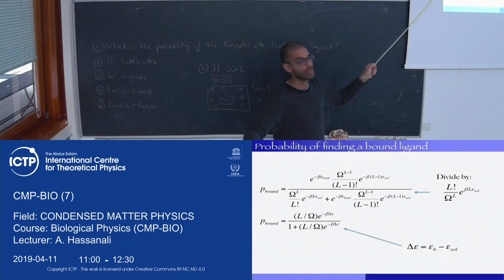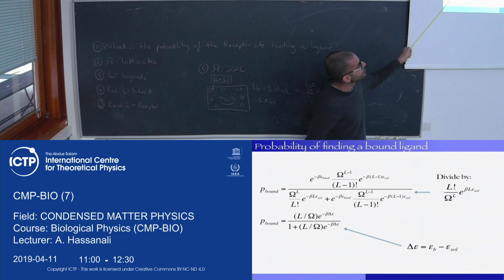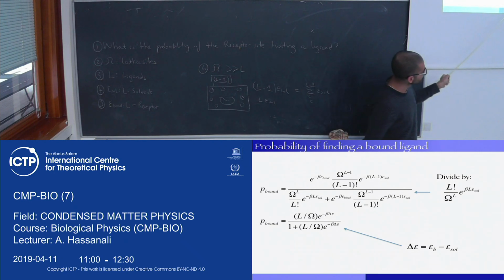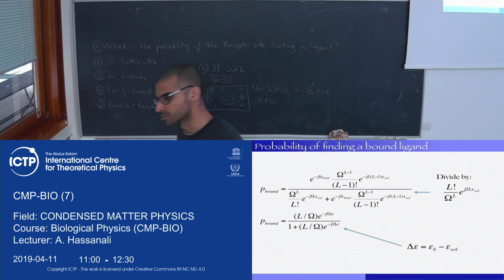This is what I want. I want an expression of the receptor site being bound in terms of an energy difference, involving the binding energy and the energy of the ligand being in solution.